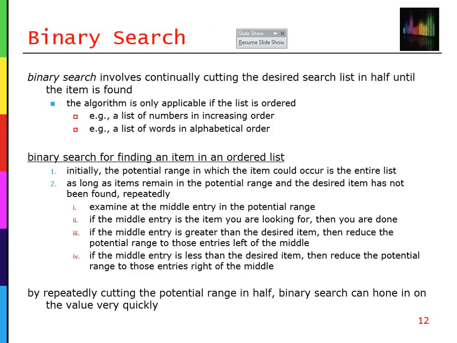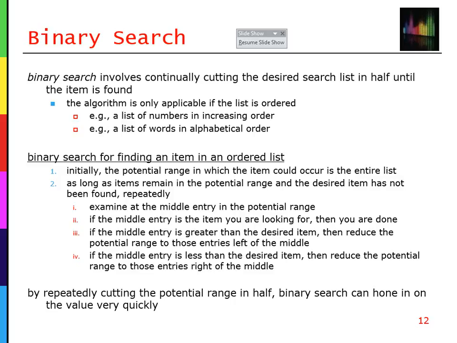Binary search basically is a divide and conquer algorithm. You divide the list into 2 segments, and that's your new list to search. So you cut it in half. The potential range is initially 0 through the last index in the list.